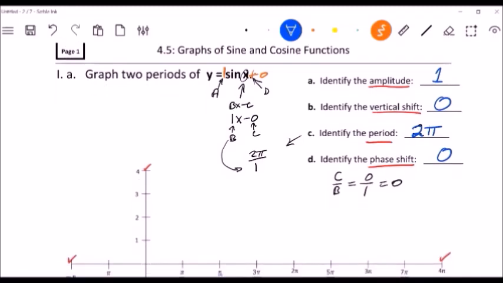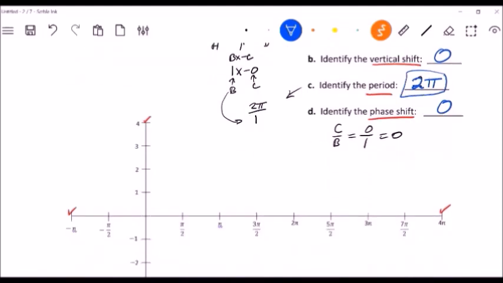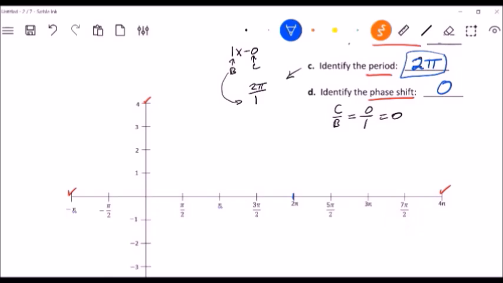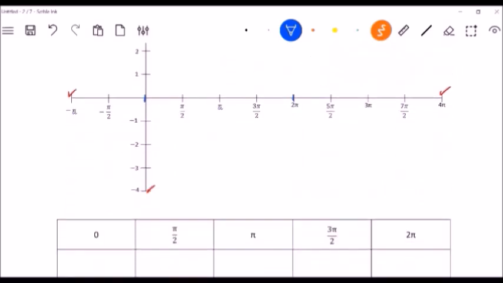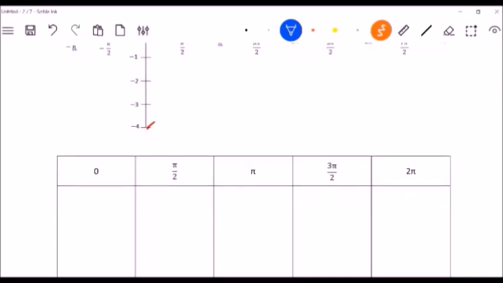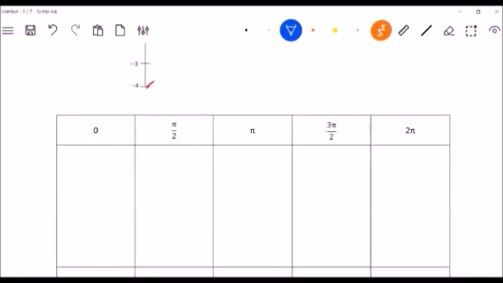So now, in order to graph it, we'll use part of that information, but the most important part is the period. If it's going to go to 2 pi, that means we're going to graph from 0 to 2 pi here. And we're going to use this table down here to help us. I'm taking 2 pi and I'm going to split it in half and then the halves again to help me get the points where we can graph this.